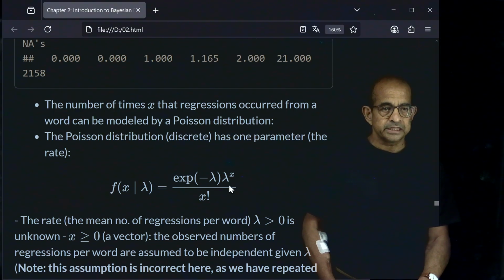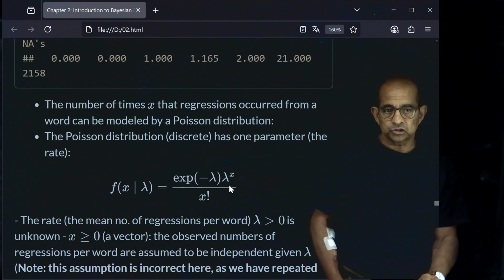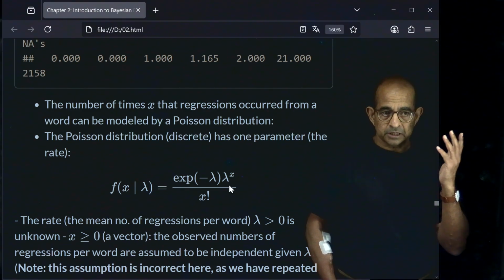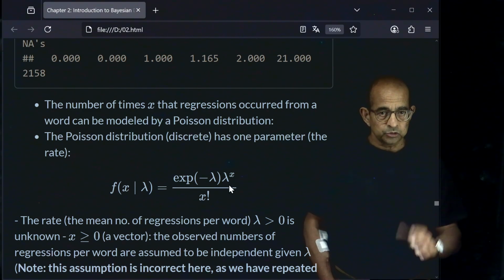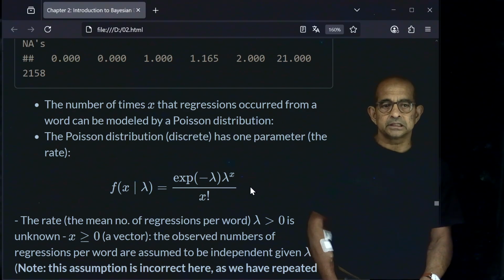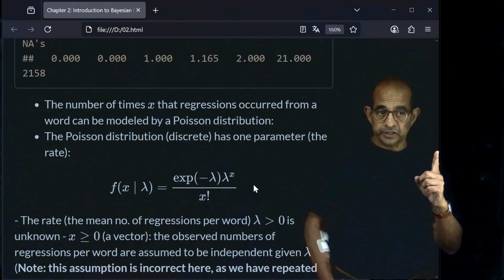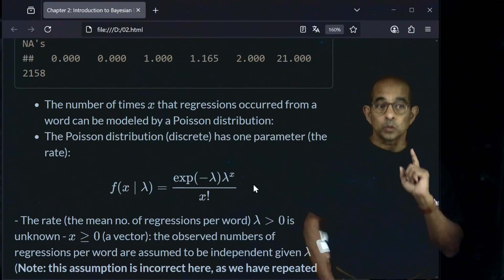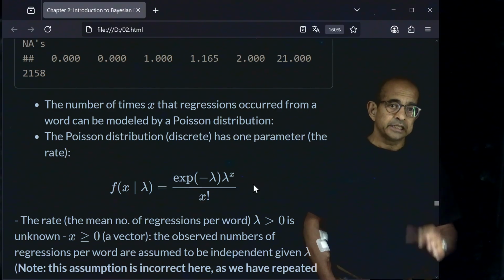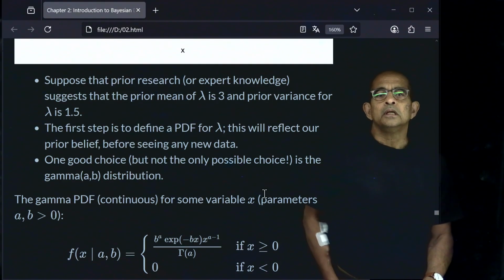What I know is the mean and the variance of lambda from previous work, and I'm assuming a gamma prior on lambda, and I will explain in a moment why that gamma prior was chosen. I could have chosen something else, by the way. Later on, you can decide on other distributions, of course. But right now, for illustration, I'm using a gamma prior. The gamma prior takes A and B parameters. I'm going to figure out those A and B parameters, which are called hyperparameters, in order to do my Bayesian analysis. Okay, so that's where we are going.